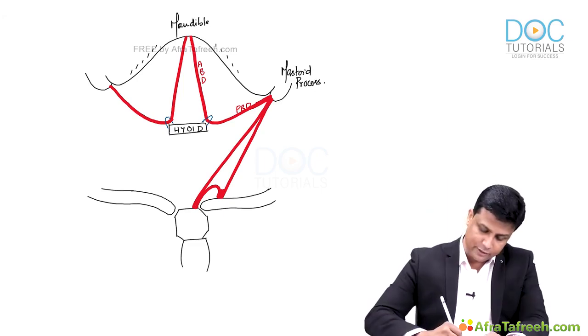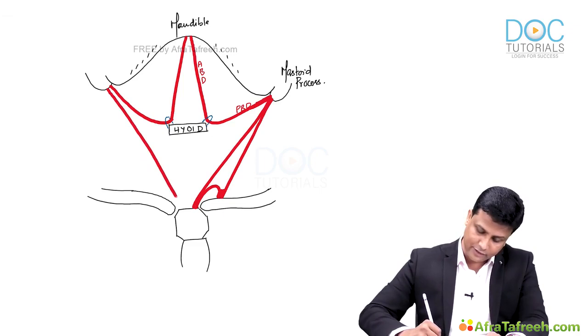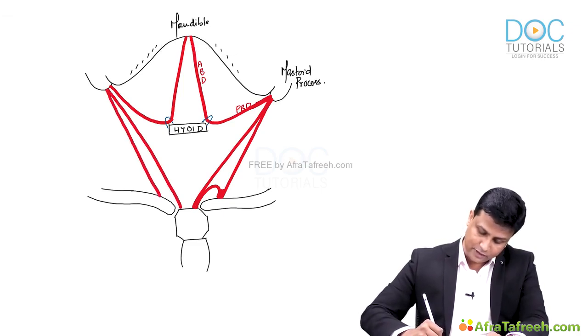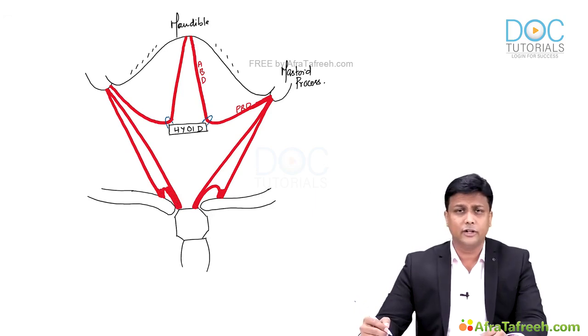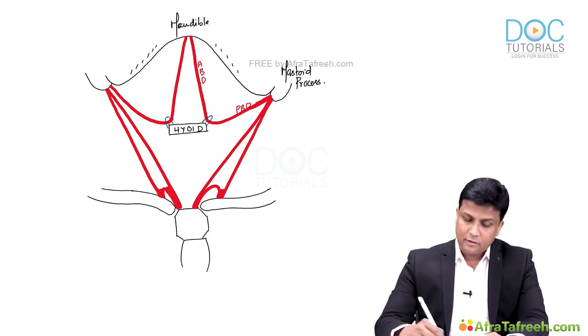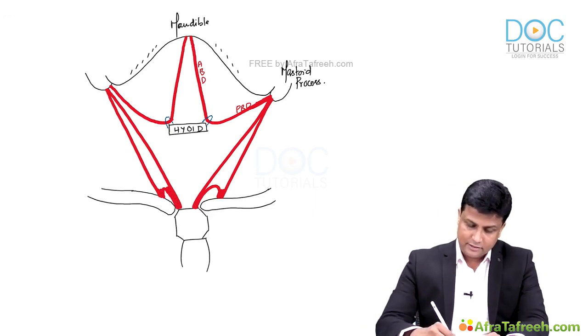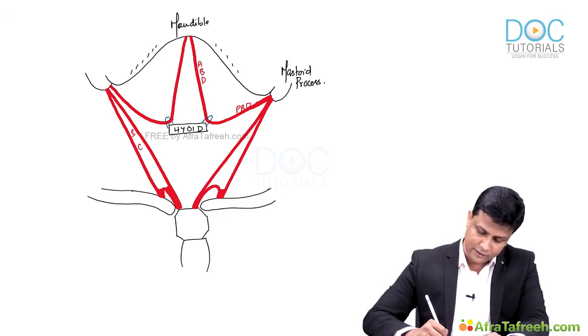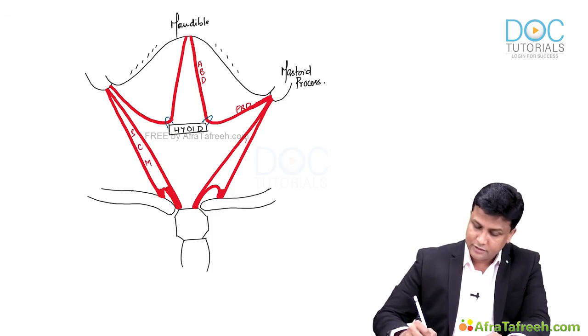Similarly on the other side also, the sternocleidomastoid will have two heads of origin, the sternal head and the clavicular head. That is the sternocleidomastoid muscle. Now just to complete this, let me write down the name inside that. So this is the sternocleidomastoid muscle on either side.